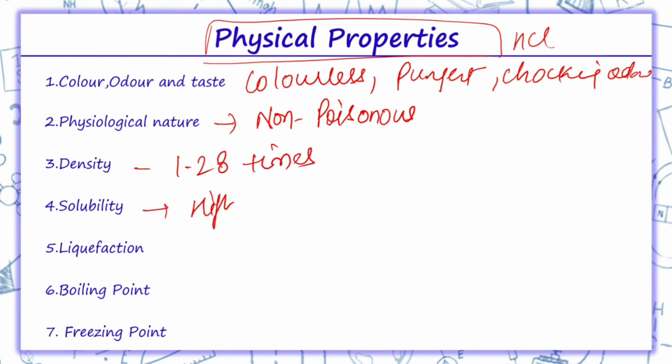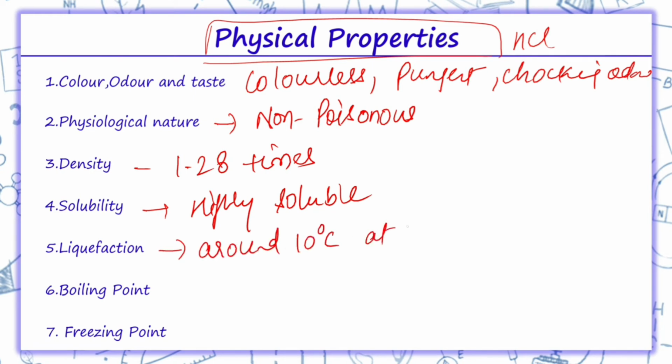Solubility: this HCl gas is highly soluble in water. Liquefaction: it liquefies at around 10 degrees Celsius at 40 atmosphere pressure. It boils at minus 83 degrees Celsius, and the freezing point of solid hydrogen chloride is minus 113 degrees Celsius.